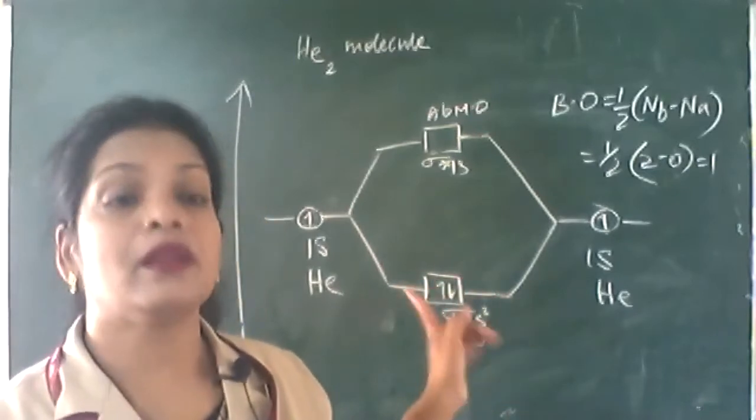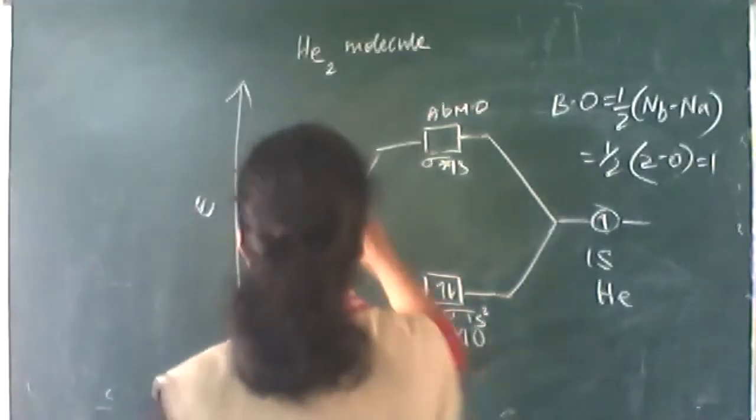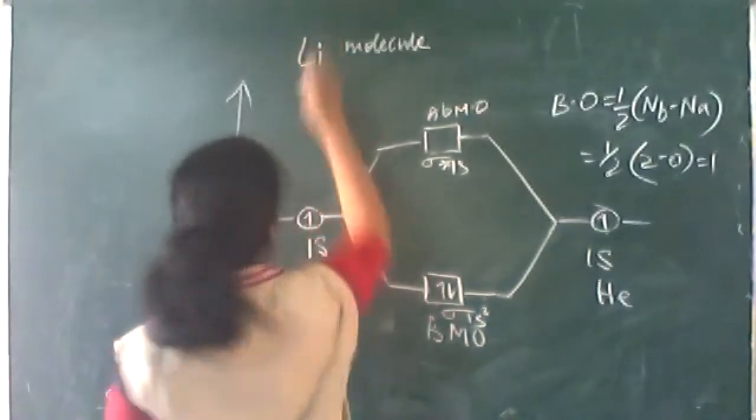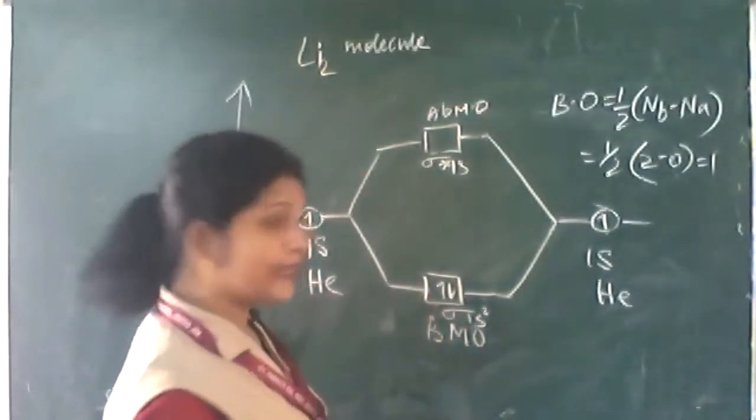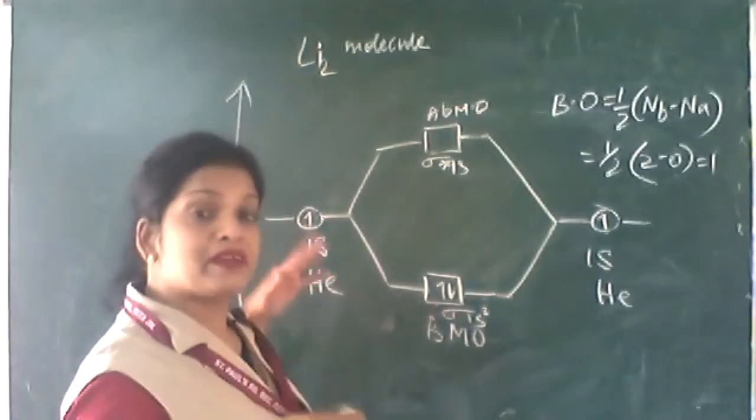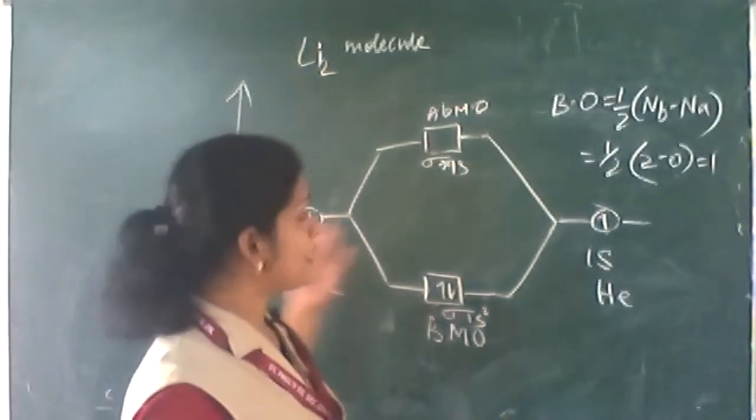After helium, lithium, the Li2 molecule. We'll be learning homonuclear diatomics. So again, orbitals are there. They have higher energy, this 1s and 1s.